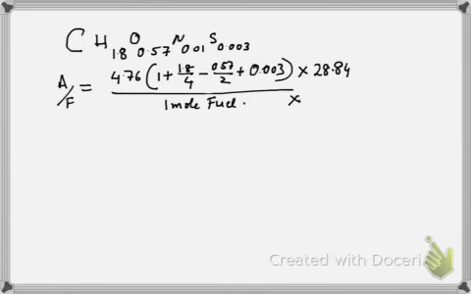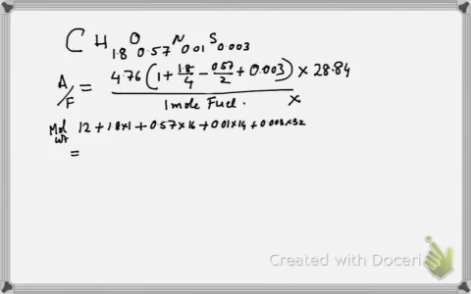In this molecule we have 1 carbon atom, atomic weight 12, plus 1.8 times 1 for hydrogen, plus 0.57 times 16 for oxygen, plus 0.01 times 14 for nitrogen, plus 0.003 times 32 for sulfur. This gives the molecular weight of fuel, roughly 22.56.